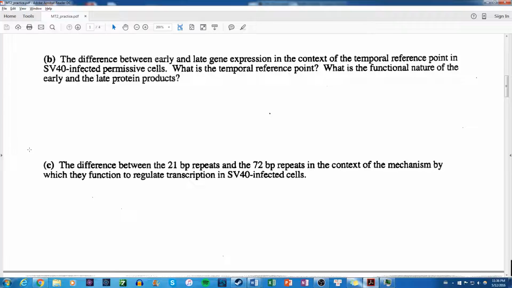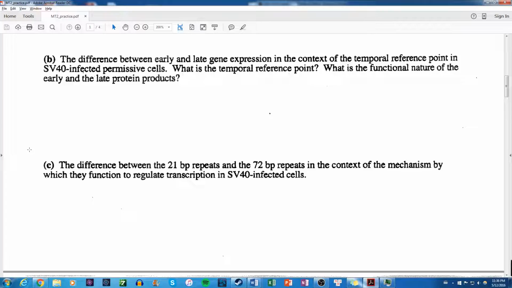So if SP1 binds to the first 3 boxes of GC-rich sequences, then you get early gene expression. If it binds to the last 3 GC-rich sequences of the 21 base pair repeats, then you get late gene expression.